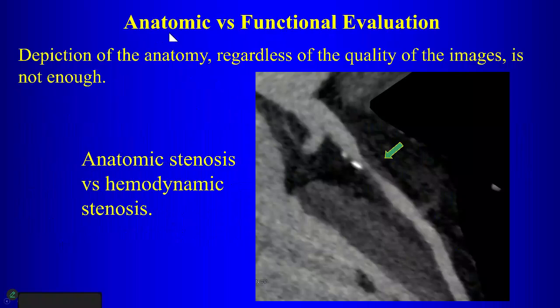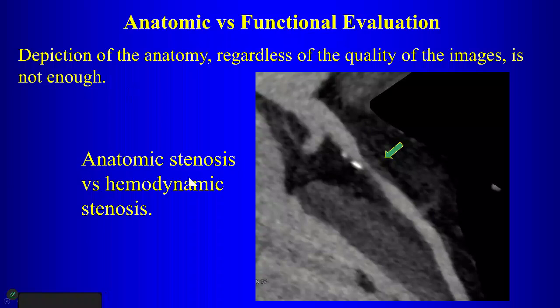So there's a difference between the anatomic evaluation of a stenotic lesion versus functional evaluation. Depiction of the anatomy alone, regardless of the quality of the image, is not enough to determine if the stenosis is physiologically significant.